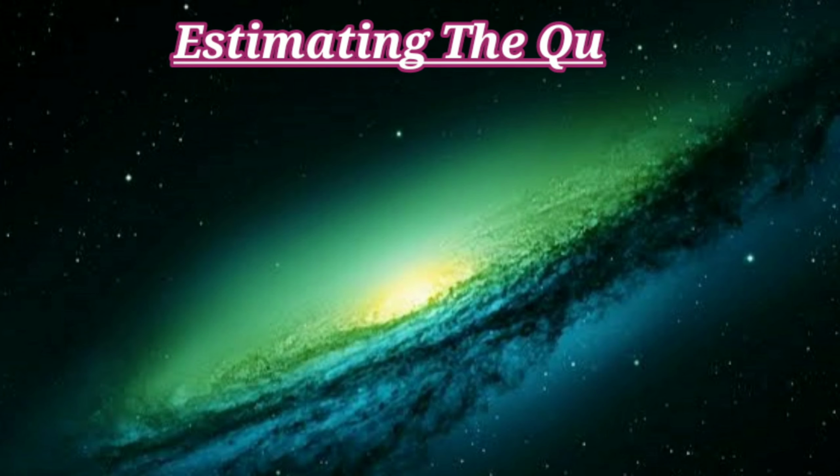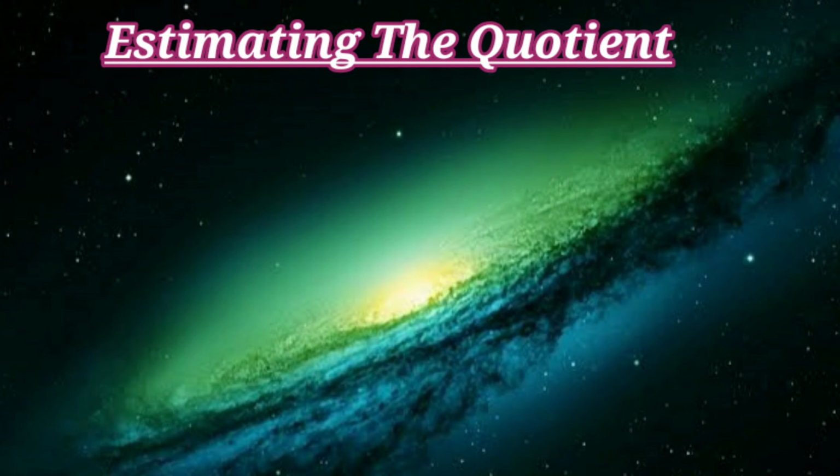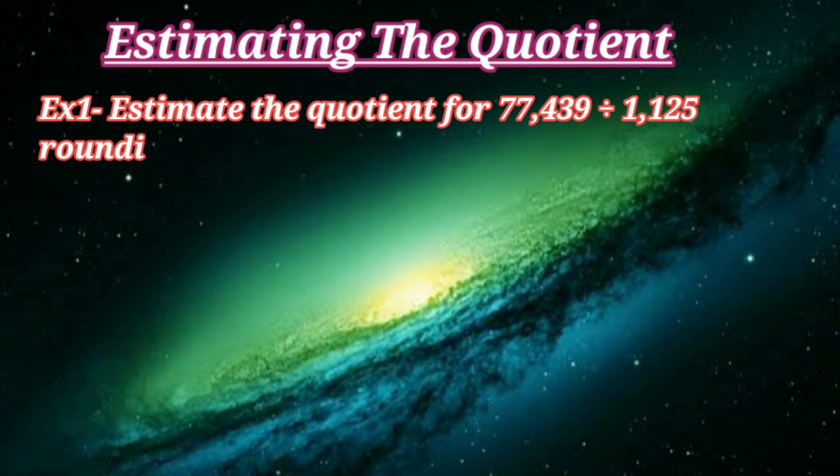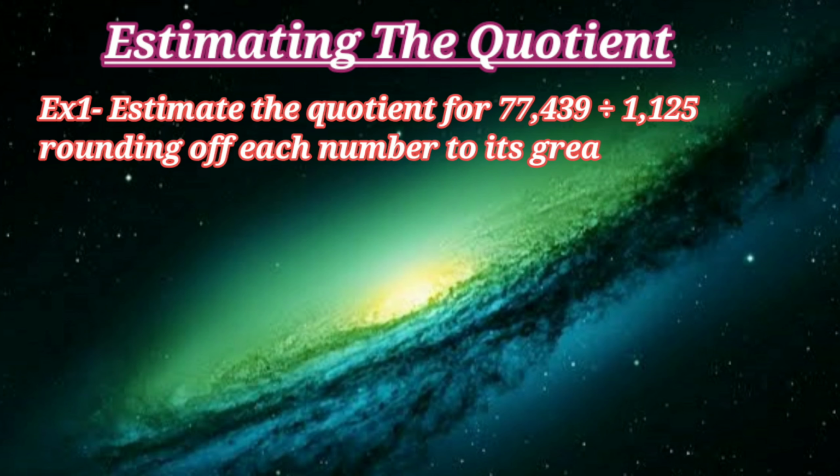Now we are moving forward towards estimating the quotient. Let us estimate the quotient for 77,439 divided by 1125 by rounding off each number to its greatest place.